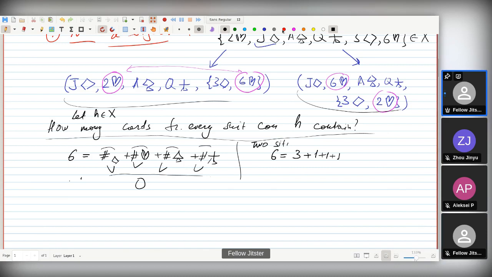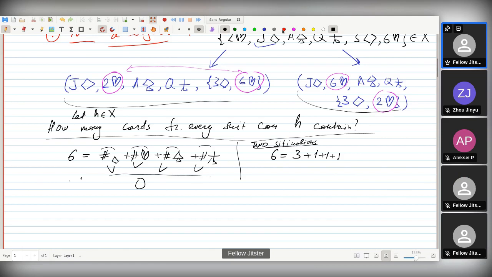Clearly, we cannot have four or more cards from any suit. Do you agree? So at most, we can have three cards. And if we have three cards in one suit, we necessarily have one card per every remaining suit. Is it clear?